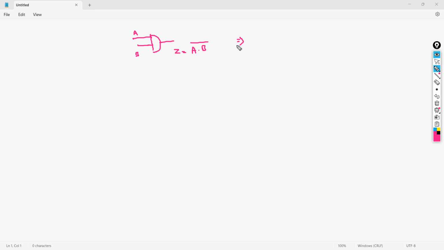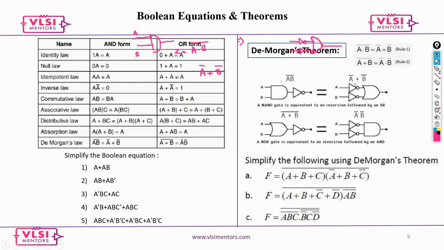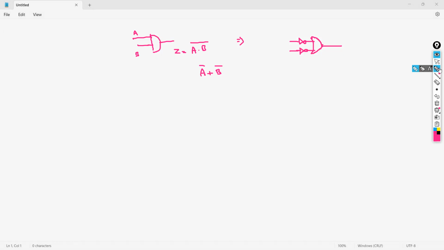Now this can be split into A bar plus B bar, isn't it? What this means is you have an inverter, and then an OR gate. That is the basic thing that we will look at.